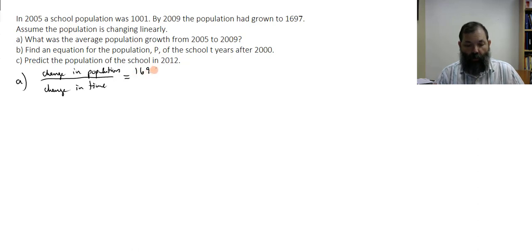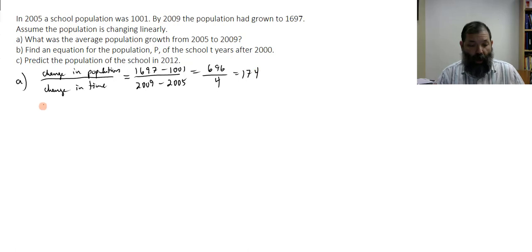So we would take 1,697, subtract 1,001, divide that by 2009 minus 2005. So those calculations give us 696 divided by 4, which is 174.